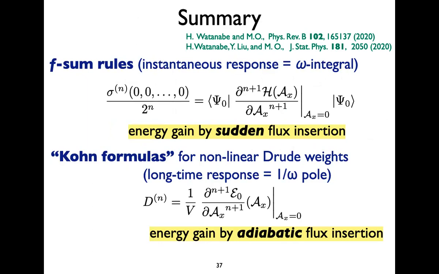The formulas are quite similar, but actually different, and this difference corresponds to different limits of the flux insertion. The f-sum rule can be derived by considering sudden insertion of flux. On the other hand, the Drude weight Kohn formulas can be derived by considering the same flux insertion process, but instead of sudden insertion, you consider adiabatic insertion.